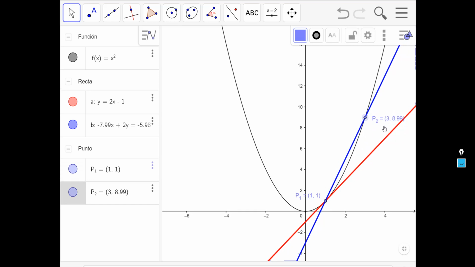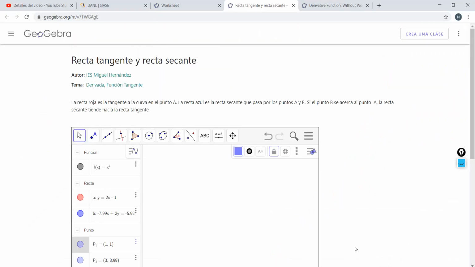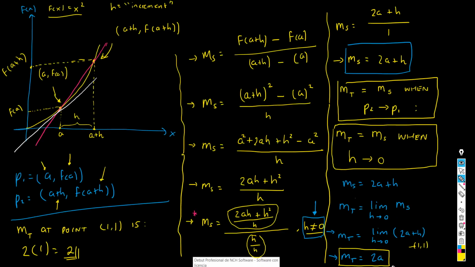All I have to do now is replace in my formula, which is this, the number 3 for the a, and that's it. So it's going to be 2 times 3, 6. So the slope of the tangent line to this function at point 3, 9 will be 6, and that's it, right? So basically, we have solved the general problem.